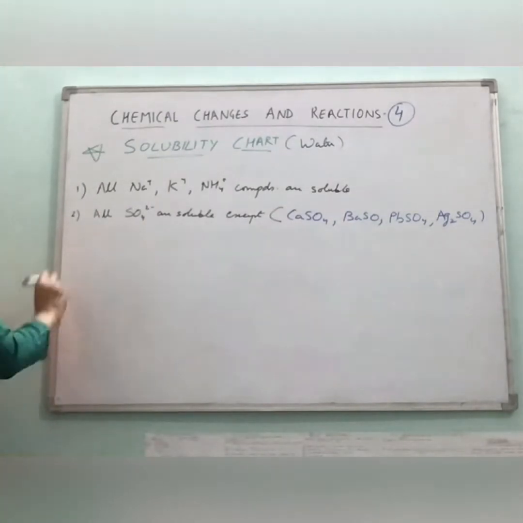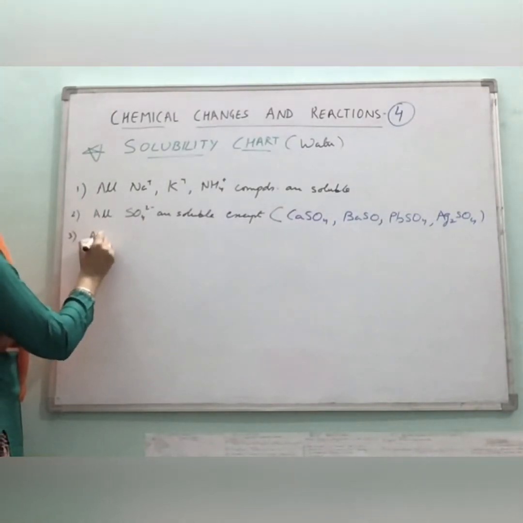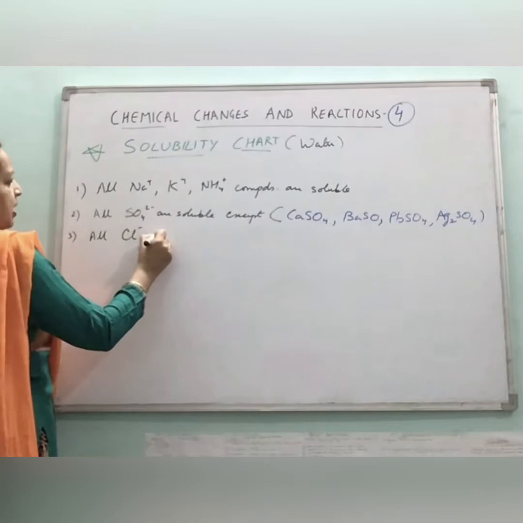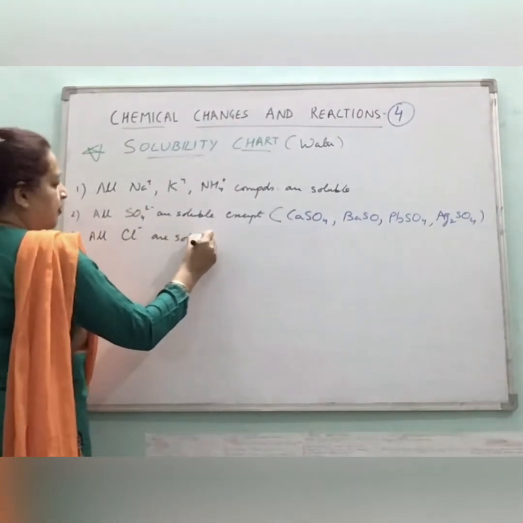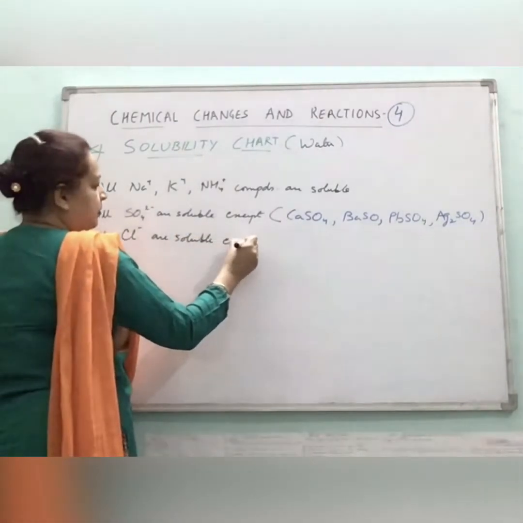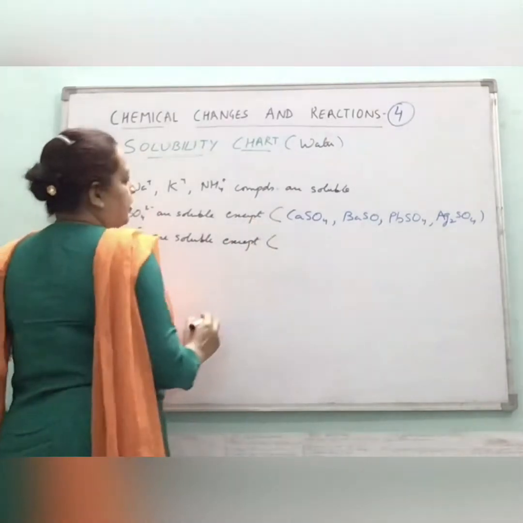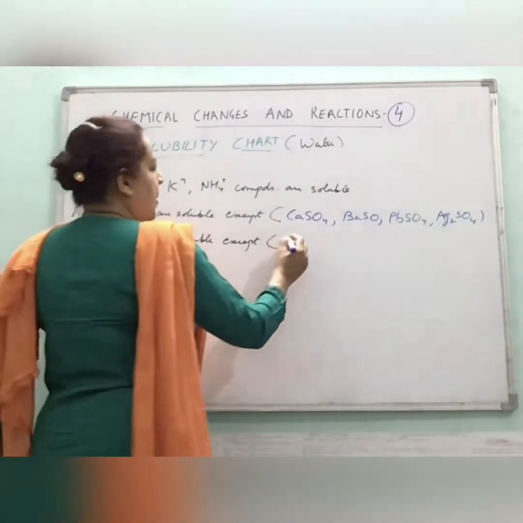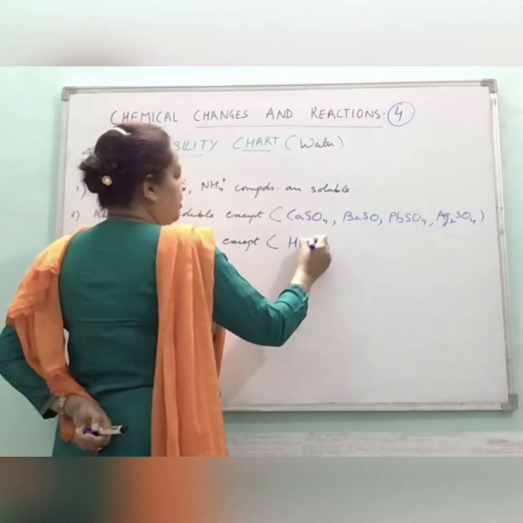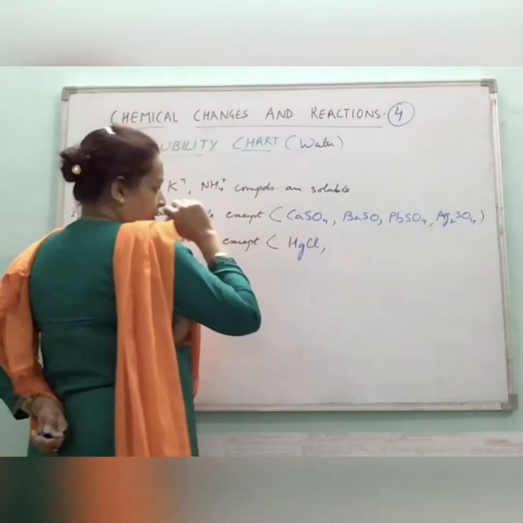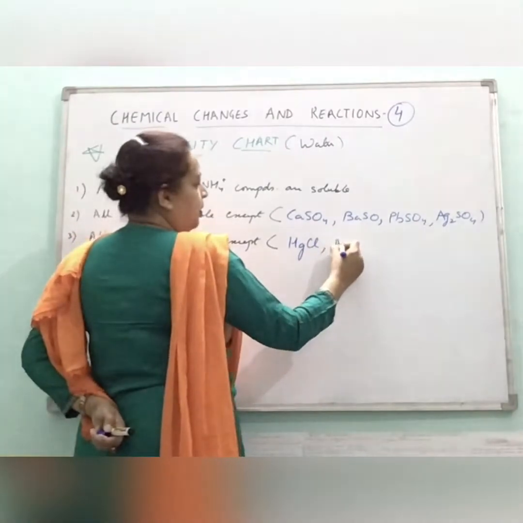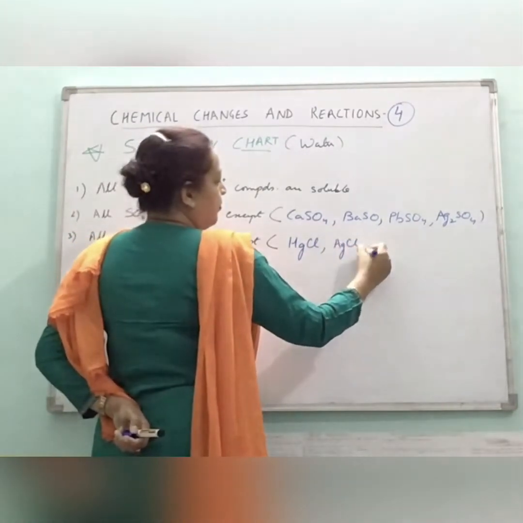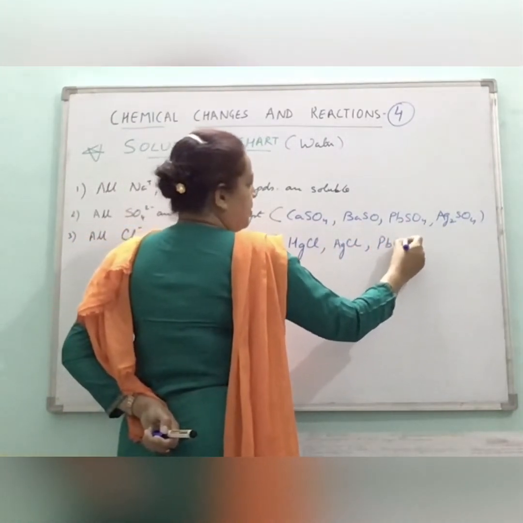Then number 3, all chlorides are soluble except which ones? Mercurous chloride, silver chloride and PbCl2.